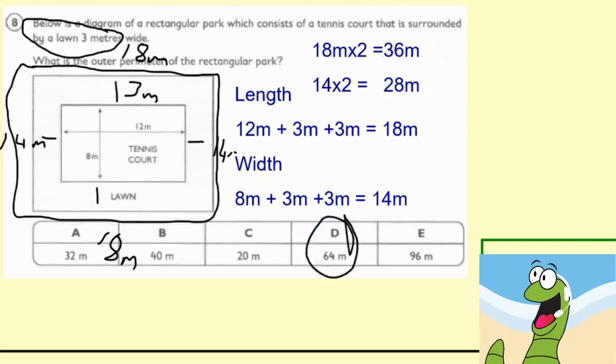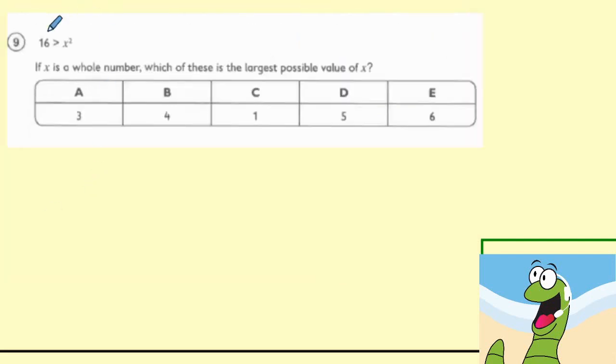Okay, let's go on to question 9. Question 9: 16 is greater than x squared. So that means x squared is less than 16. Don't forget, the jaws of the crocodile are eating the bigger number. So that has to be less than that.